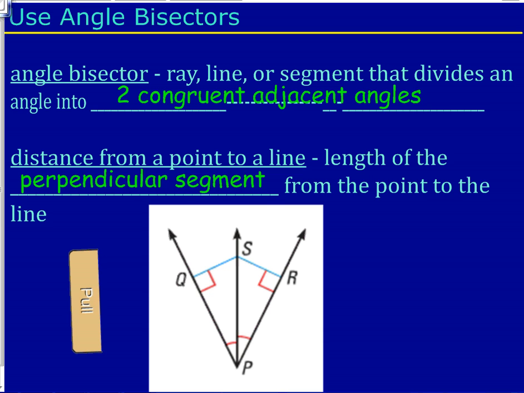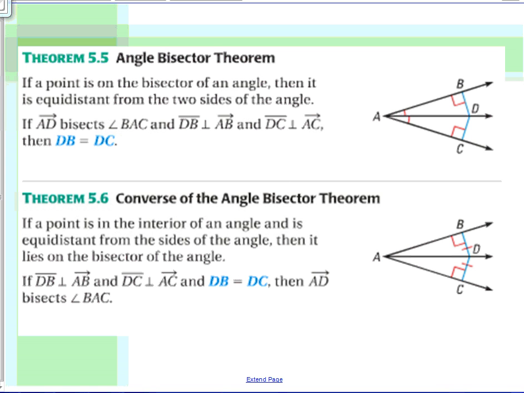So with these two vocabulary words in mind, we can then discuss what our theorems for the day are. We have the angle bisector theorem and the converse of the angle bisector theorem.